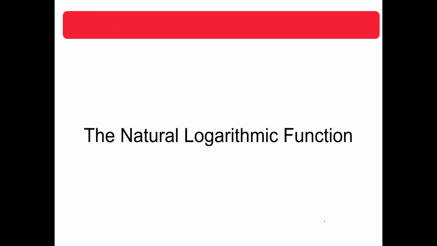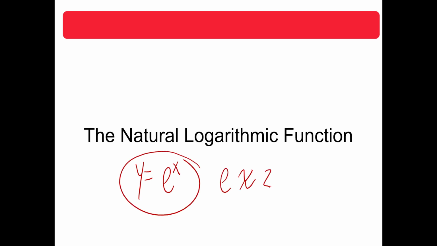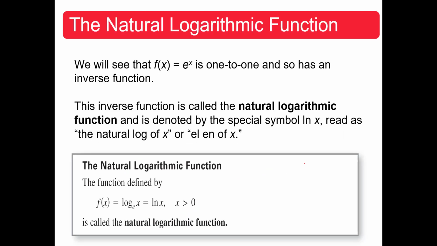Now let's take a look at natural logarithm functions. For example, y equals e to the x, where e is approximately 2.718. Now f of x equals e to the x is a one-to-one function, so it has an inverse function. The inverse function is f of x equals ln of x, or you can say log base e of x.